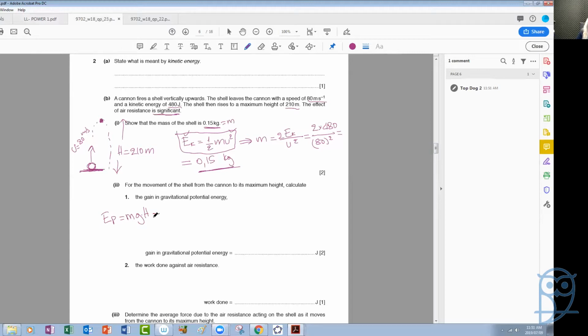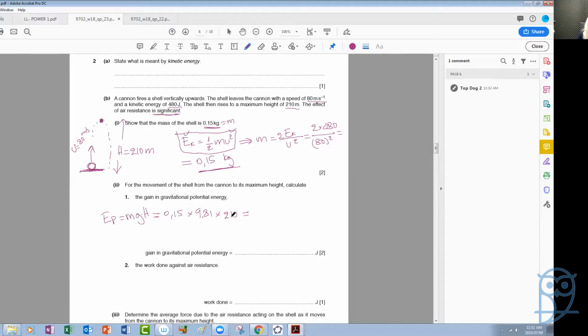And this would be now, the mass is 0.15 kilograms times the g, which is 9.81 meters per second squared, times this maximum height, which is given, and it's 210 meters. All the units are SI units. Okay, so our answer will be in joules.